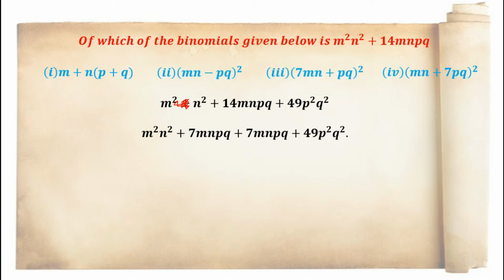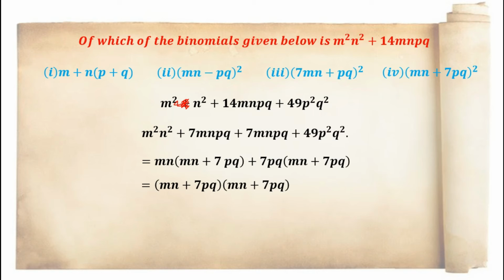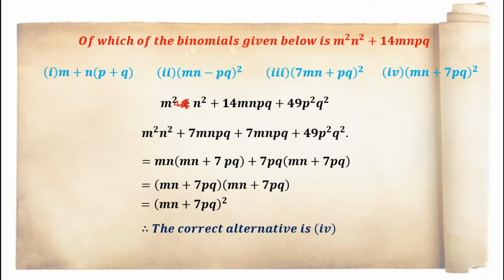So mn into bracket mn plus 7pq plus 7pq into bracket mn plus 7pq, and you see that mn plus 7pq is common in the second bracket, and in the second step you see mn plus 7pq raised to 2. So the correct alternative is number 4 here.